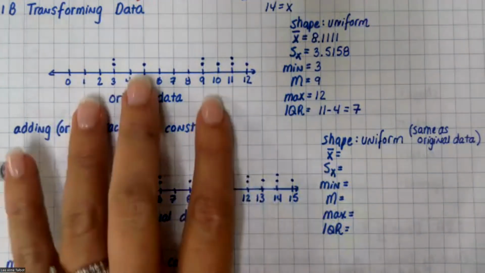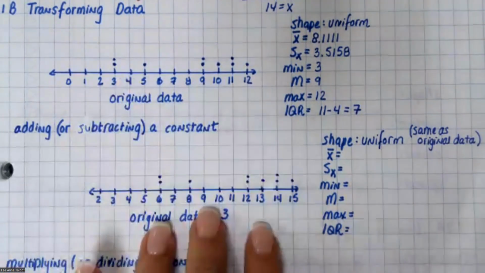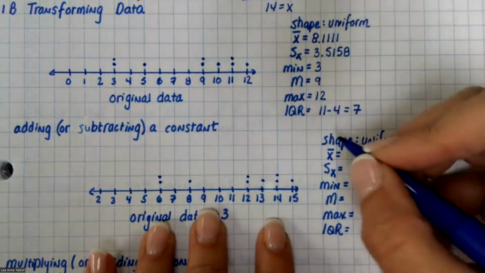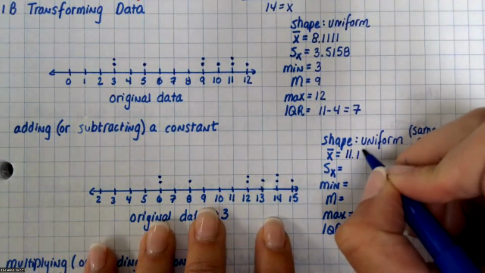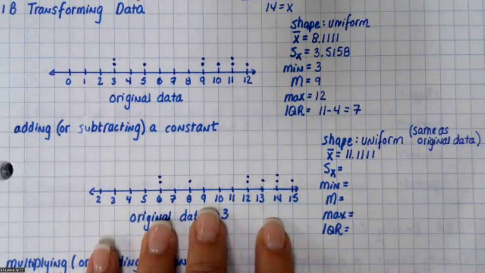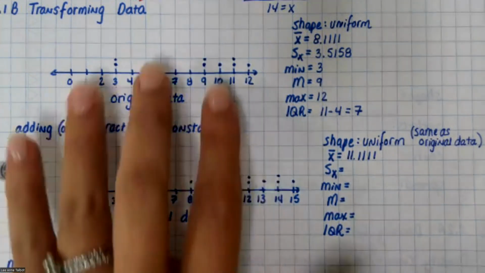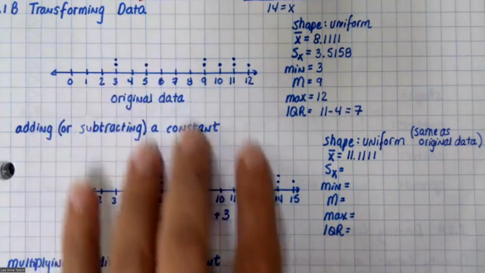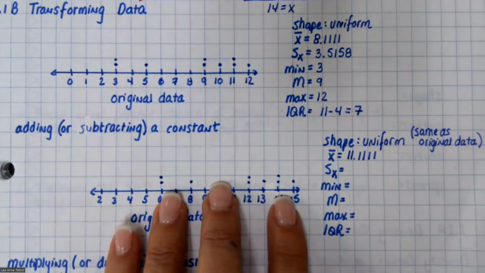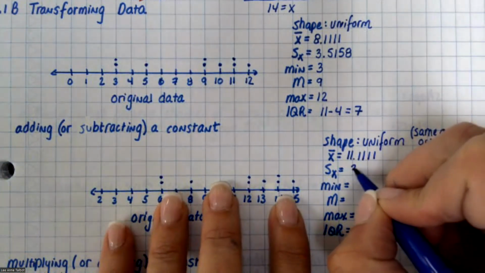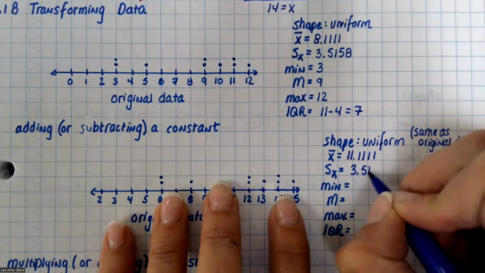Okay, it looks to me like my graph shifted up 3 units, so my mean would shift up 3 units. Okay, I'm good so far. Next, I notice that my graph shifted up 3 units, but they did not get more spread out, which means that the standard deviation did not change.